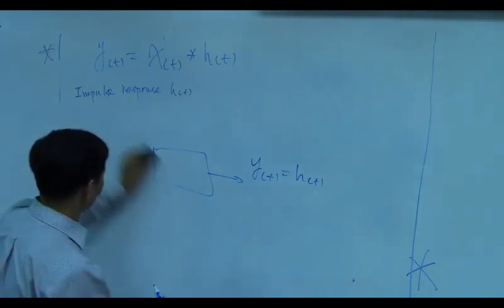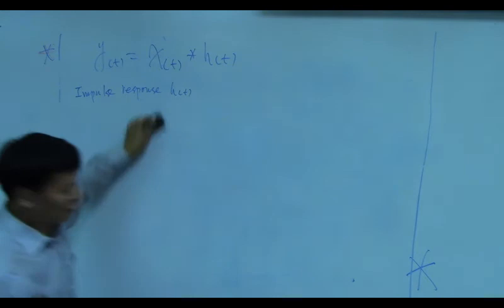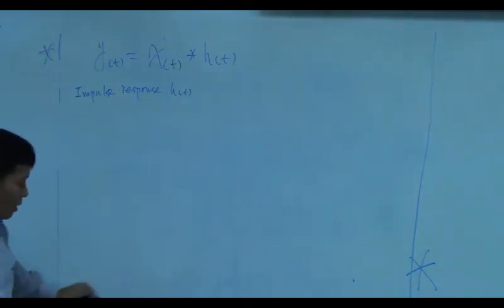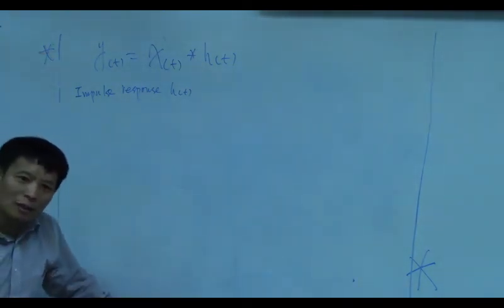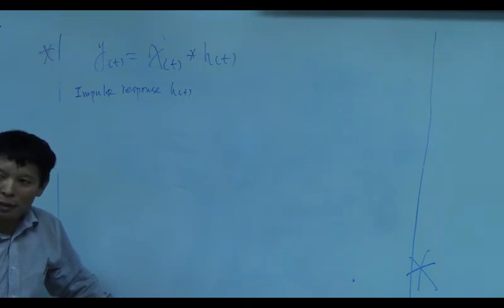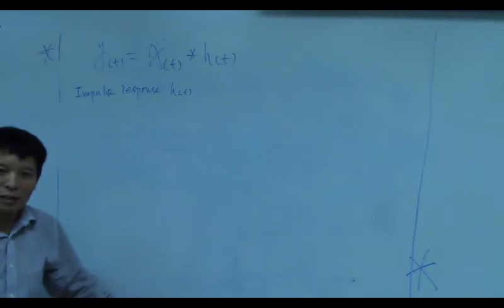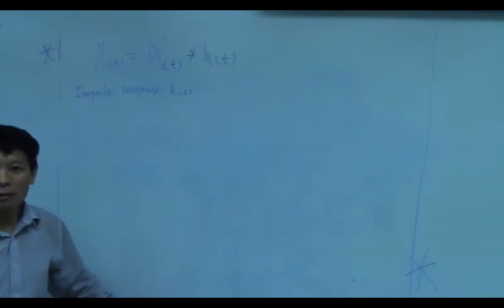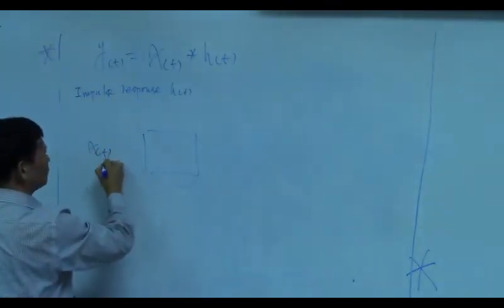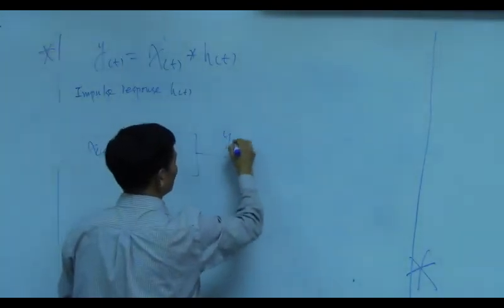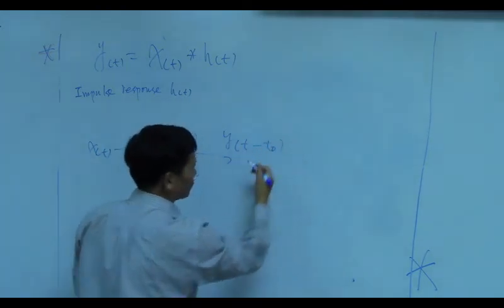Okay, now I'll give you some fancy things. We discussed several typical systems. Anyone can tell me one? Linear system, yeah. Give me one example. How about delay? Time delay. So for example, for this system, if you have an input here, then what is the output? It is x(t) delayed by some time.